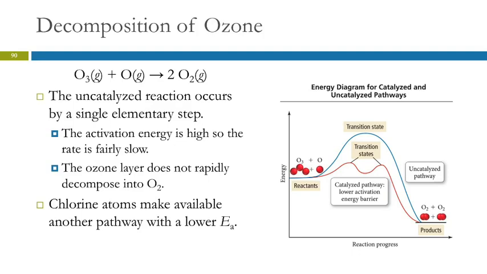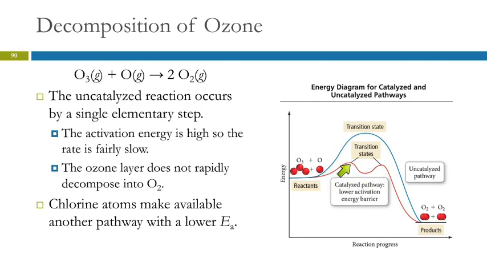The problem with the ozone layer is when we get chlorine atoms in the atmosphere. Those catalyze this reaction and make it go faster. So the chlorine provides another mechanism which has lower activation energy. So this would be the catalyzed reaction.